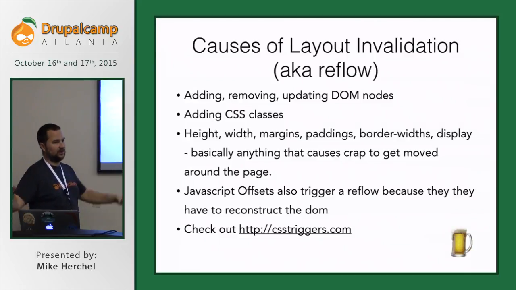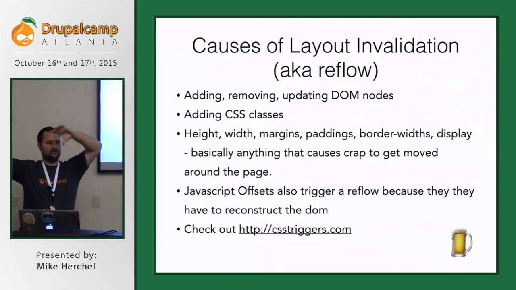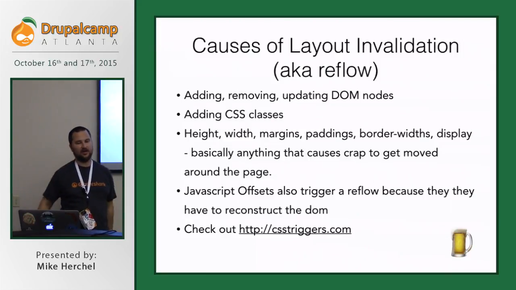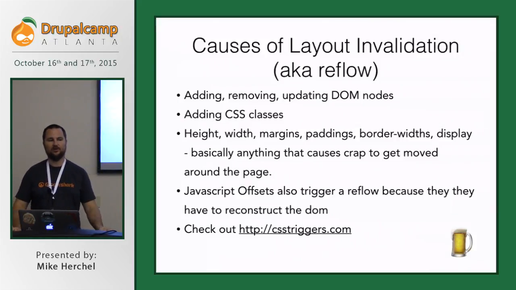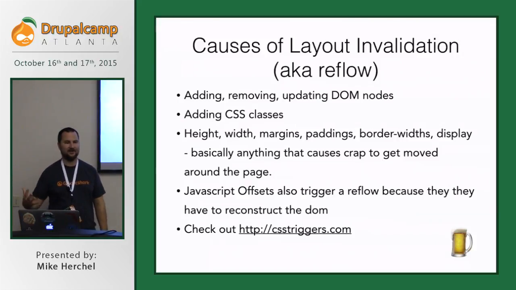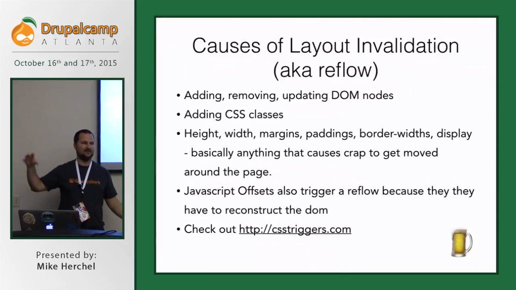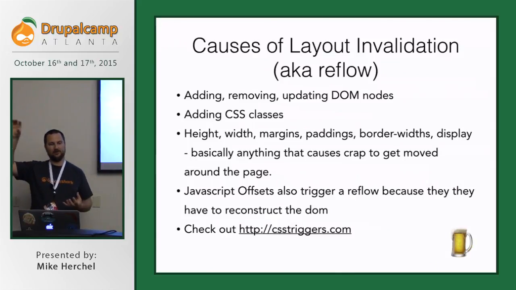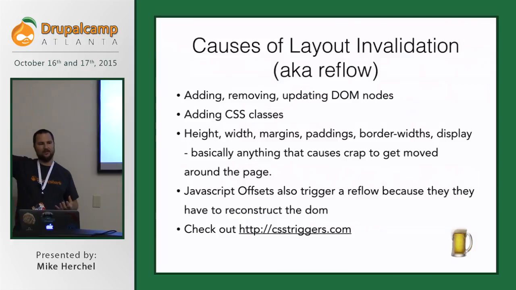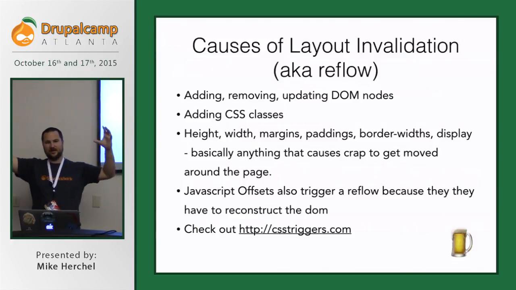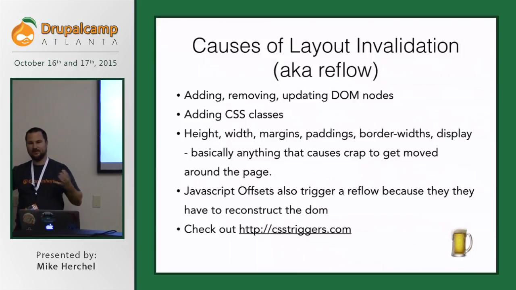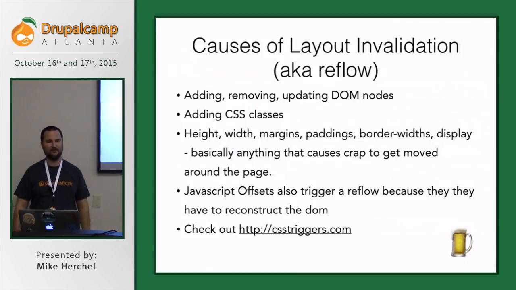JavaScript's offsets, where it calculates its position relative to something else, can cause a layout invalidation. I see that a lot of times with advertisements, which annoys me, where they'll have some type of tracking stuff in there where you move your mouse and they might be doing some type of heat map, and they're doing these offsets, and these offsets are just slowing down your website, and that's kind of annoying.